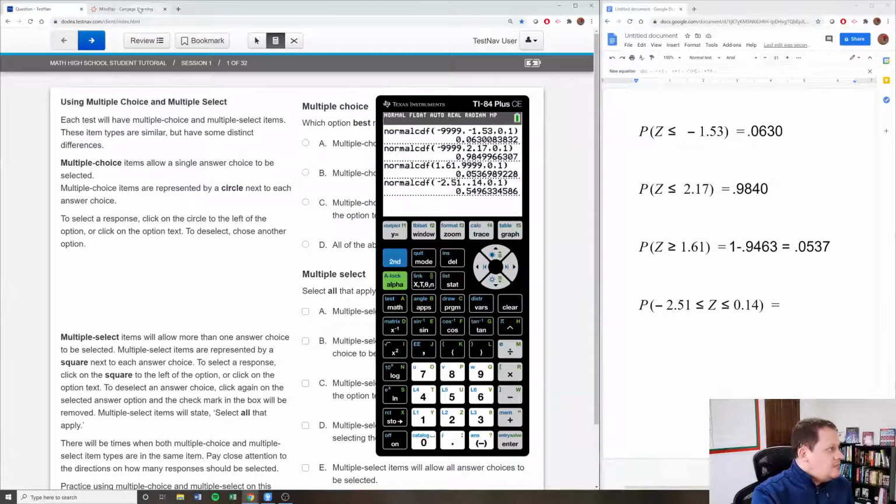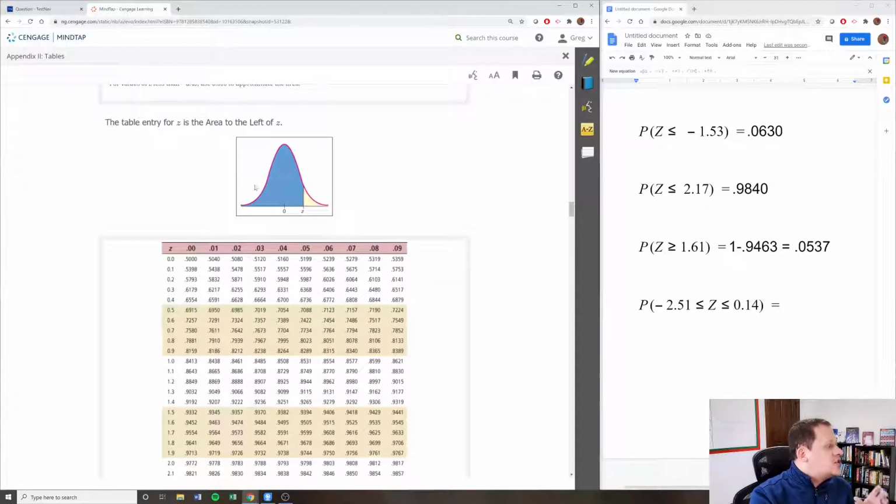So personally, if I have a graphing calculator handy, either a real one like this or this virtual one, I would rather use it to calculate these greater than probabilities, because it's so easy to just look up the z-score, report the area in the table, and not even know whether you're right or wrong.